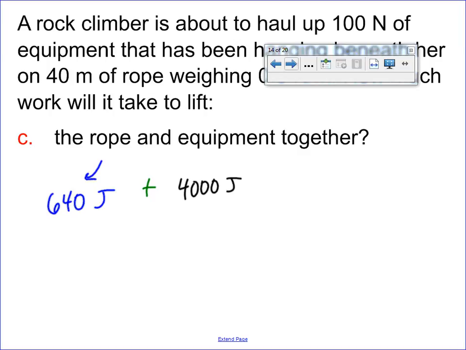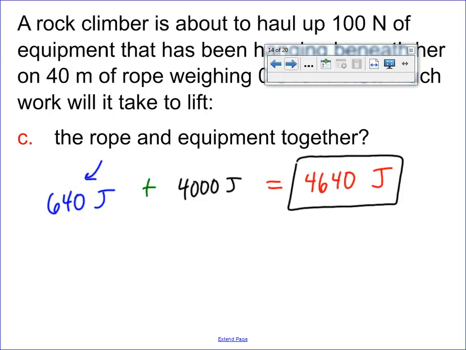That gives us 3640 joules. So a key to completing these work problems is being able to separate which quantities require a constant force exerted versus which quantities require a variable force exerted.